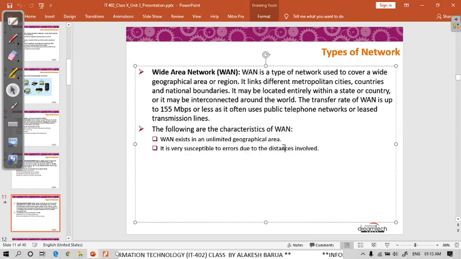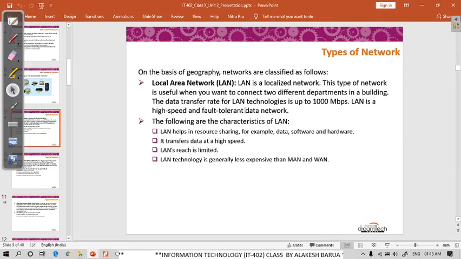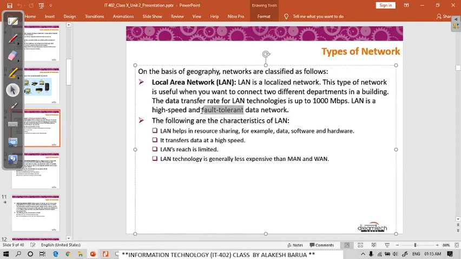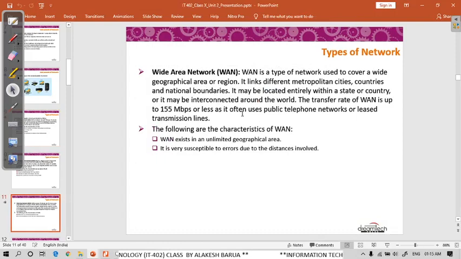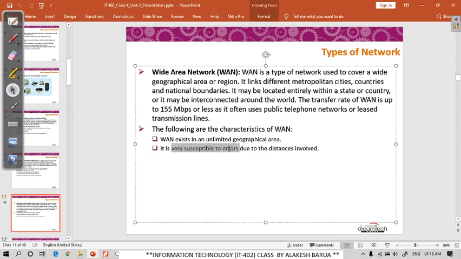Because of higher distances, the signal strength and signal integrity decrease, and that's why errors or faults occur. A LAN is a fault tolerant network because faults occur less often there. A WAN is a fault intolerant or high fault network, which means errors can occur. So, the wide area network.